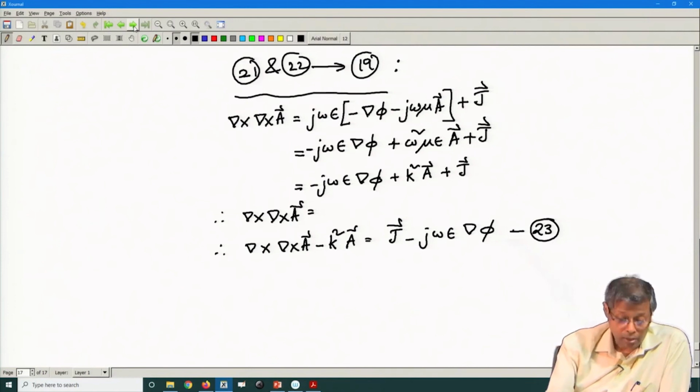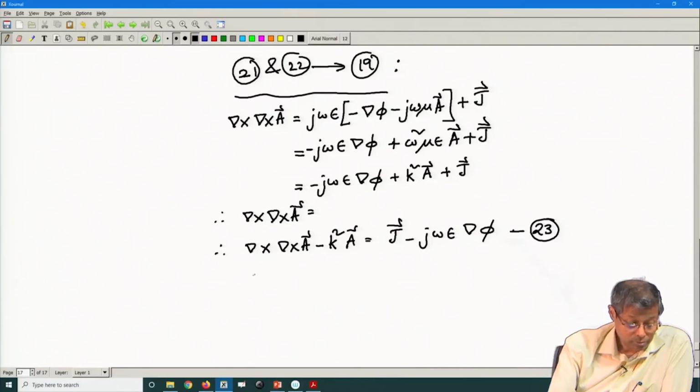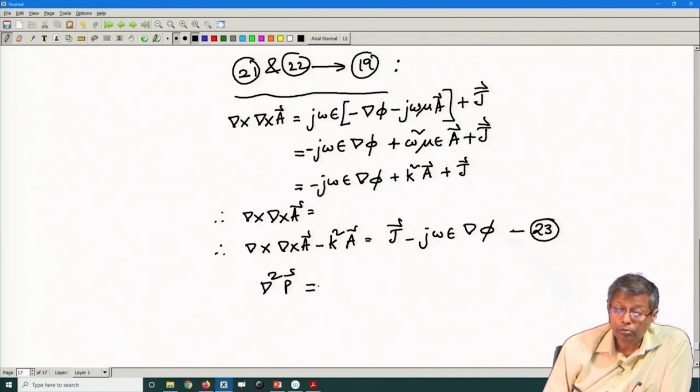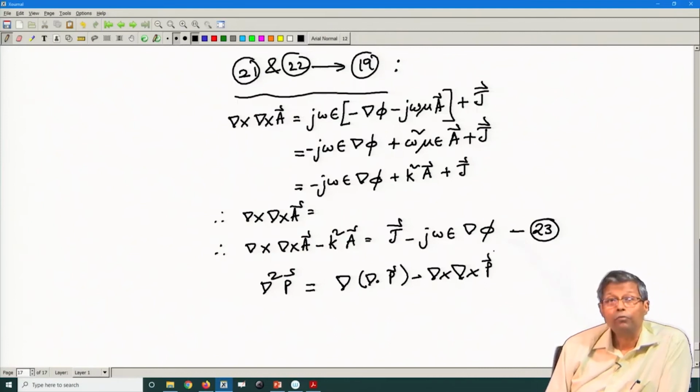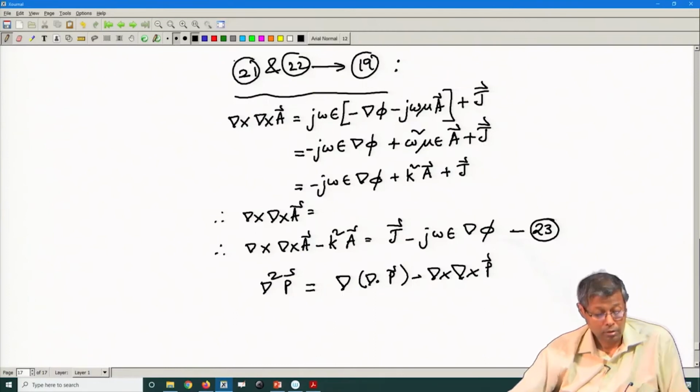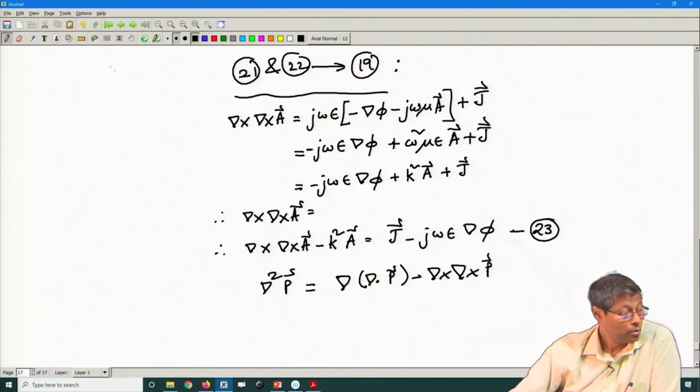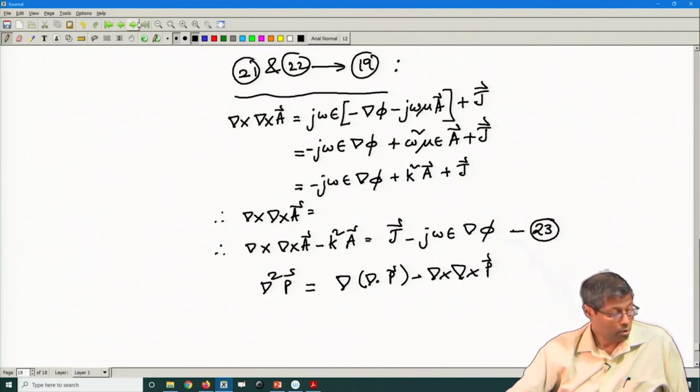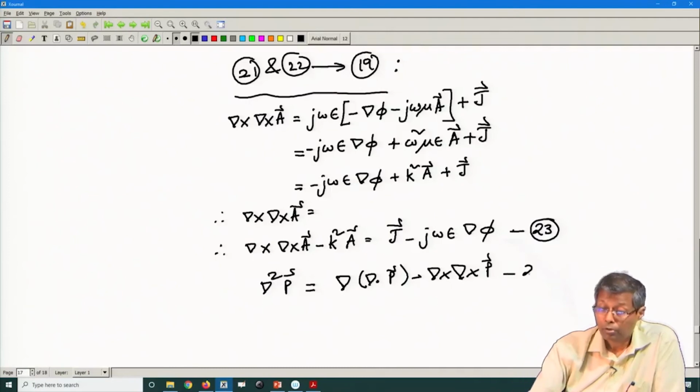Now, from a vector identity we know, the same vector identity we use for the wave equation, curl curl P equals grad of divergence P minus grad square P. This is the vector identity we met during the wave equation. So, we call this equation 24.